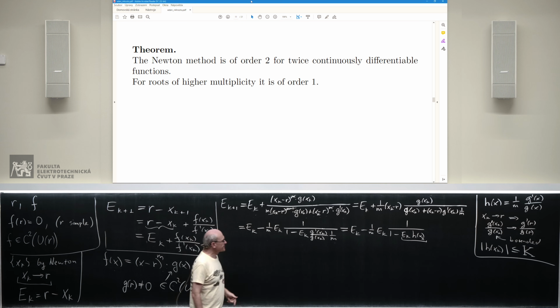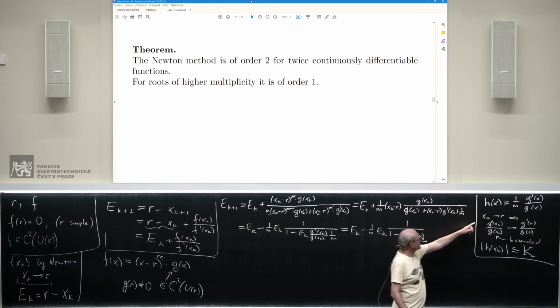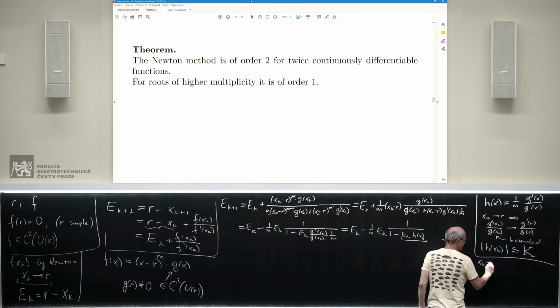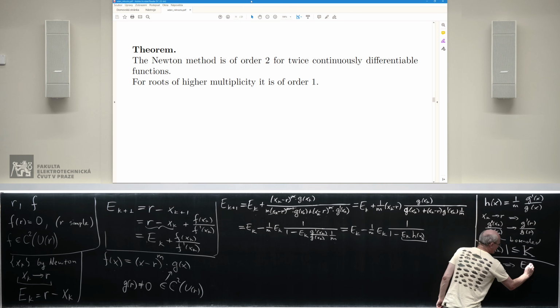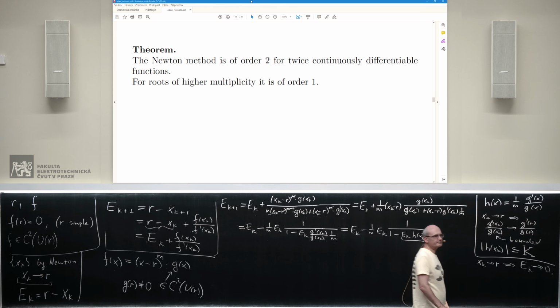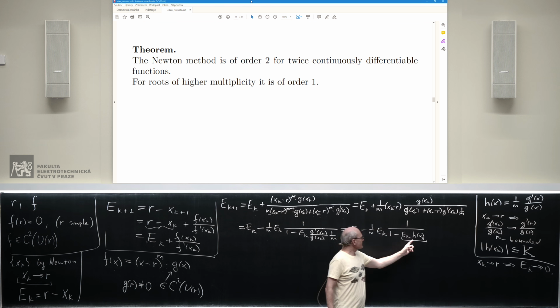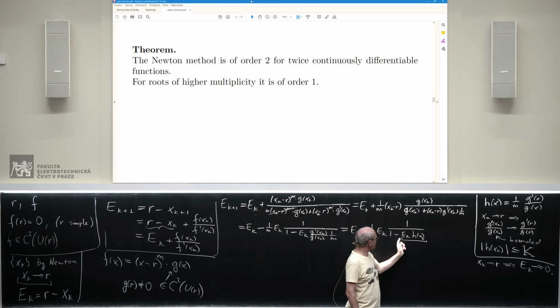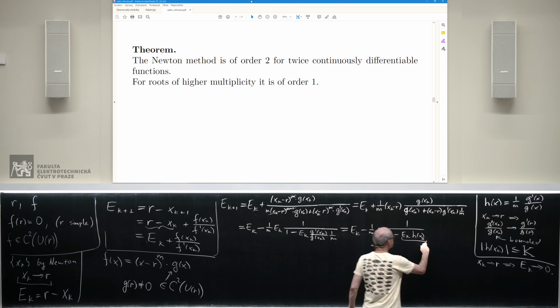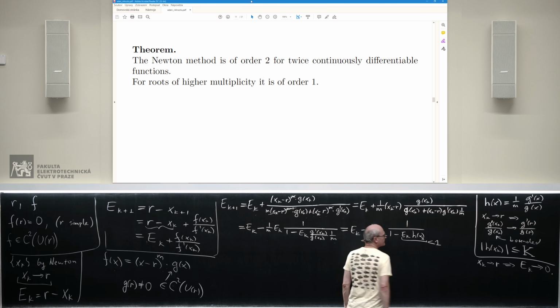The second important observation is that since x_k goes to r, then the error must go to 0. What does it mean? Well, this number is bounded, and this number goes to 0. Therefore, this whole number goes to 0. And if I cut away some small k's, which I can do, since I'm only interested in what's happening towards the end of the convergence, then for all the remaining ones, this number becomes smaller than 1 in absolute value.